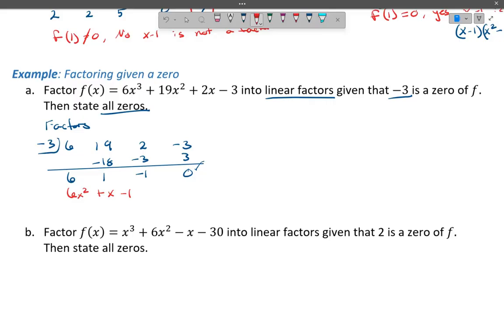So we have a quadratic. That means we can now factor this using any of our quadratic methods for factoring. So we're looking for a product of -6 and a sum of 1. That means we're going to use the numbers +3 and -2. So 6x squared plus 3x minus 2x minus 1. We'll factor by grouping.